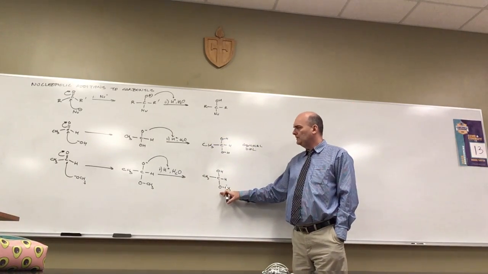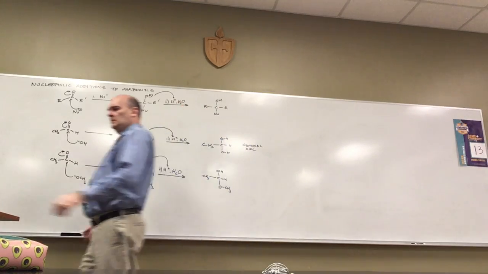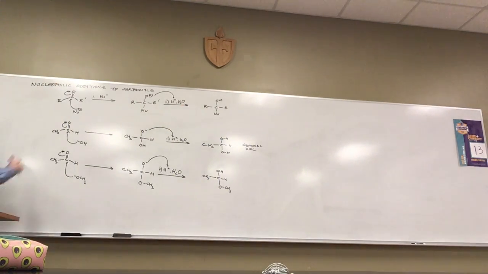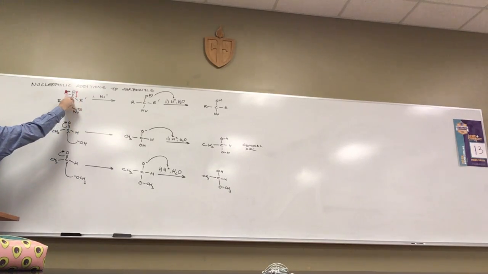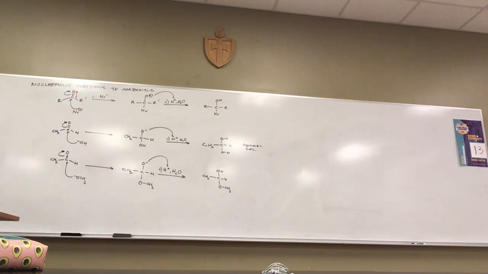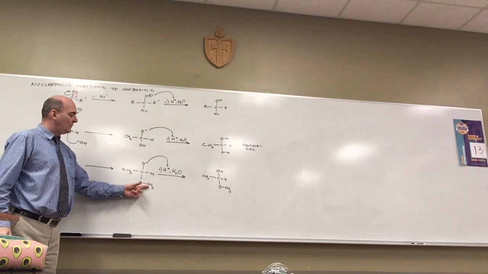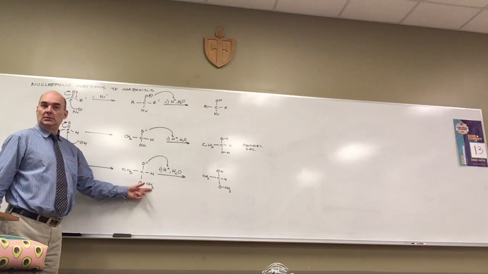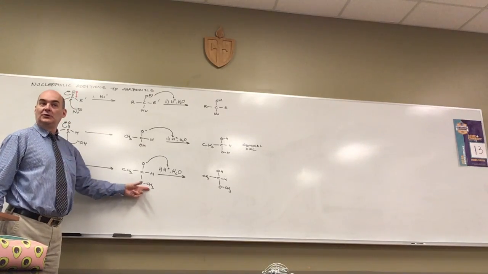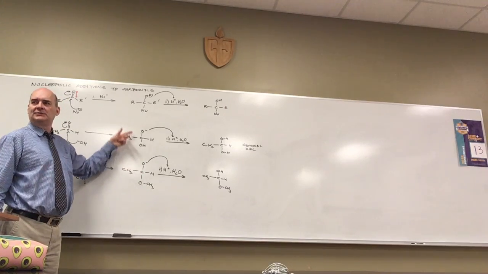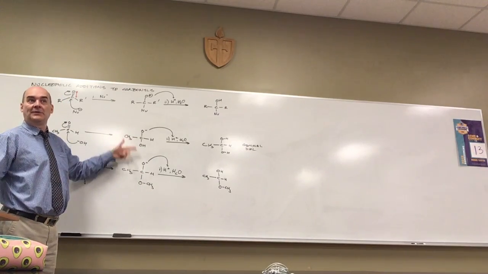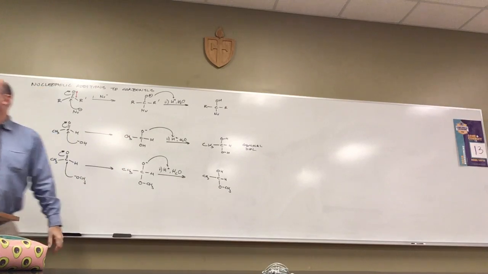And the site for attack by nucleophiles is that electron deficient carbon. So we always end with the new substituent on the same carbon, which is now holding onto this alcohol group.